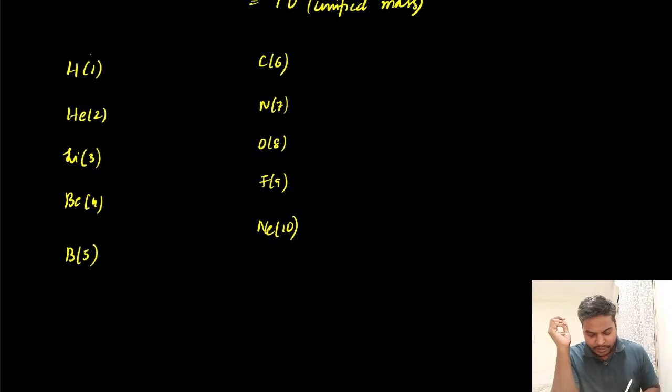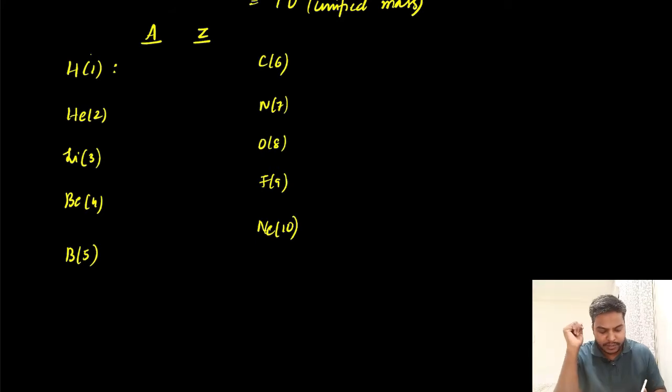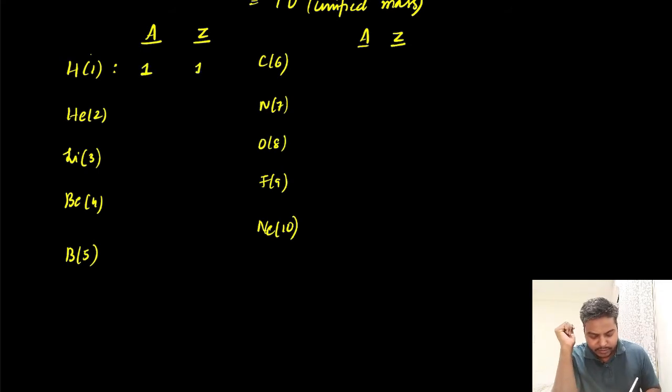But I want you to understand what exactly I'm trying to figure out here. So first thing, I expect that you must know the number of protons and electrons these will have, which means the mass number and atomic number. This is the first thing you must know for these elements. Mass number is 1, atomic number is also 1 for hydrogen.